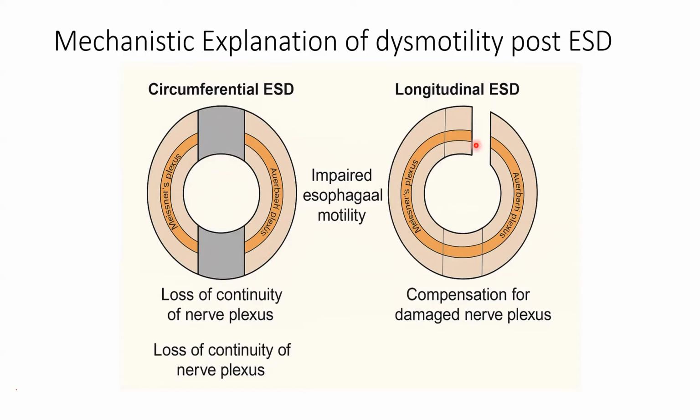Whereas if it's not a circumferential ESD, even if you cut through, the rest of the plexus will still compensate for the damaged plexus at one end. So this is the mechanistic explanation why there should be some changes in the motility. We'll see whether this is actually true or not. It's just a theory as of now.